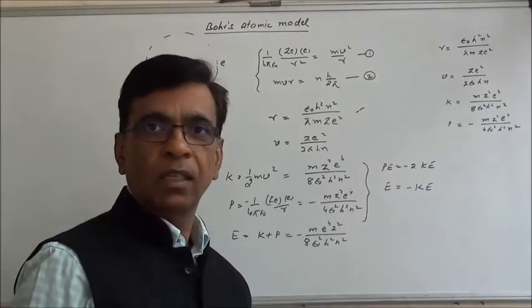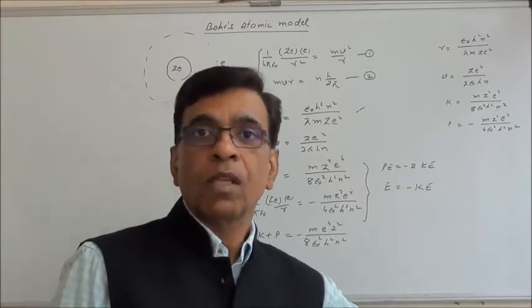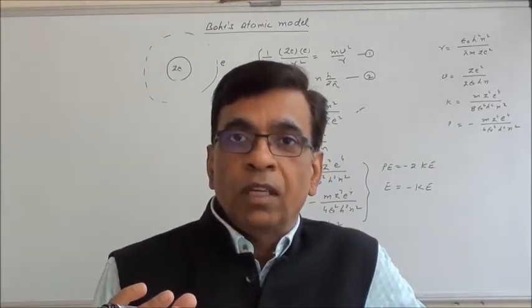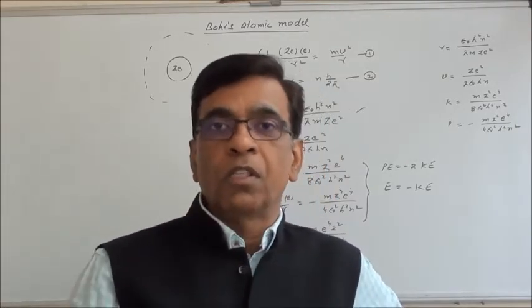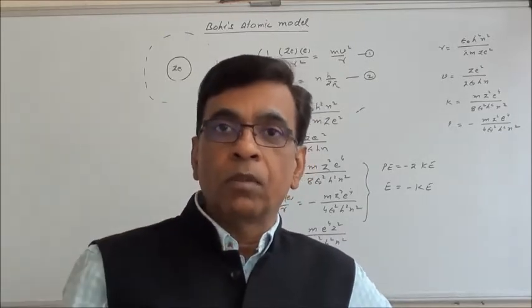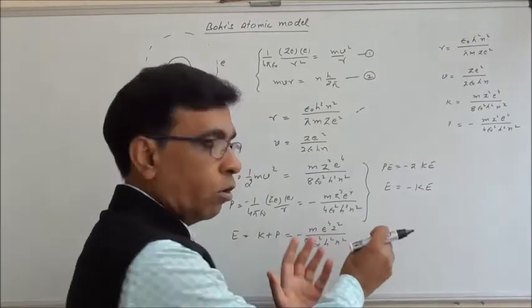This has important significance actually. Total energy minus means the system is bound. Energy of the electron negative means electron is bound to the nucleus. The moment it becomes 0, it means now the electron is out of the atom. This is what we call ionization energy. So ionization energy will be plus of this term.